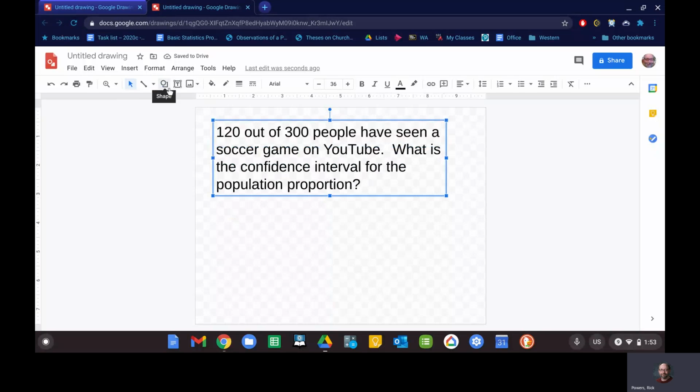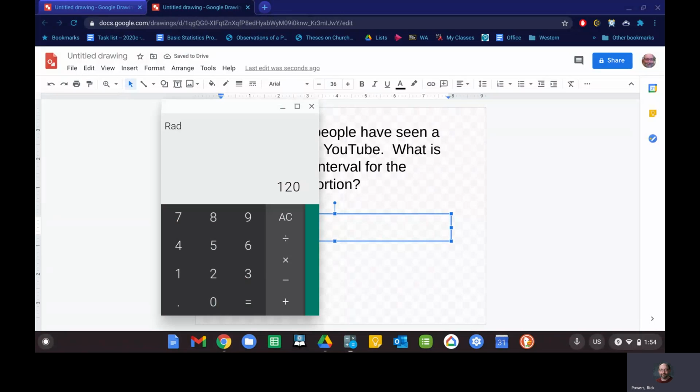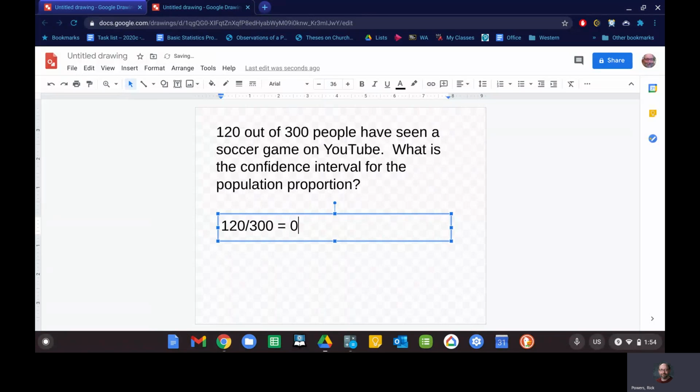So then I say, well, what's that actually going to look like? So if I do this, and I take 120 divided by 300, then most likely I'm going to get 40% or 0.40.